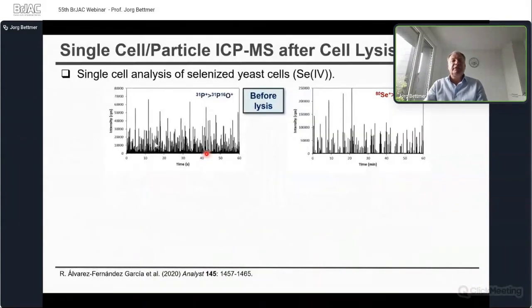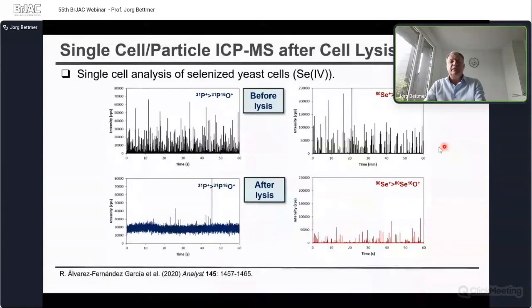Let me show another example. In this case, we used selenized yeast that has been incubated with selenite, so selenium-4. Again, the same picture. Before the lysis, you see the events of the intact cells. Obviously, they all contain selenium. After the lysis, we see the following.